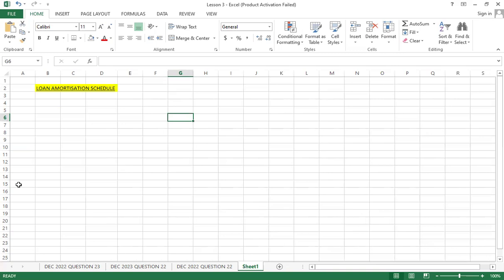The loan amortization schedule is very simply a table that shows how a loan is repaid. When you've taken a loan with particular terms, how do you repay the loan? What shows us how the repayment is done is what we call the loan amortization schedule. So just note that this is a table showing how a loan is repaid.